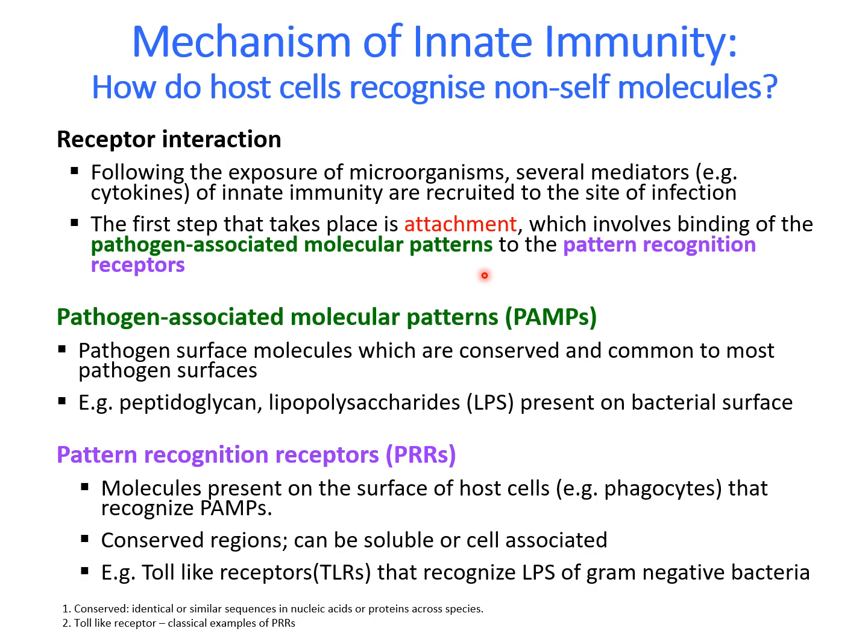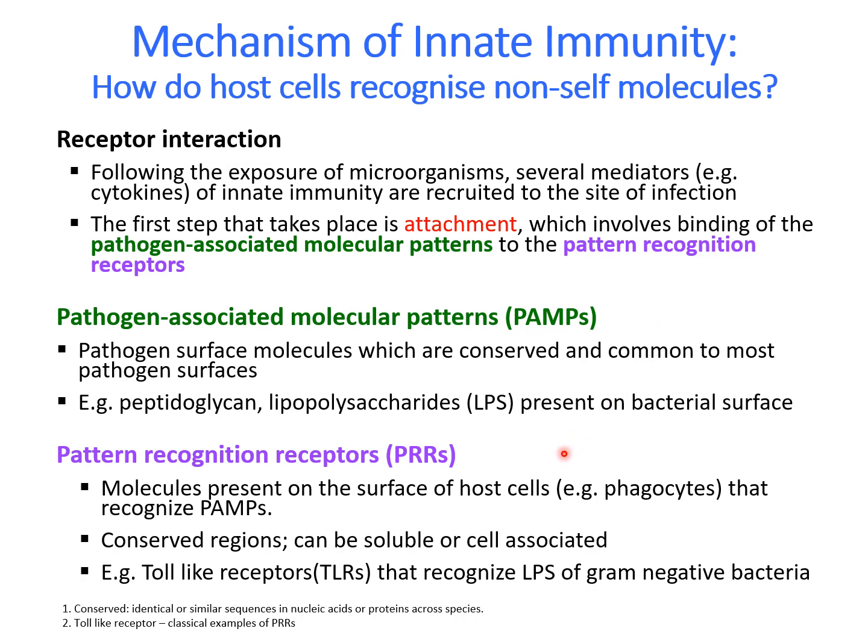The pathogen cell surface molecule is called pathogen-associated molecular patterns, PAMP. These surface molecules are conserved, meaning similar or identical and common to most pathogens. For example, peptidoglycan and lipopolysaccharides that are present on the bacterial surface.